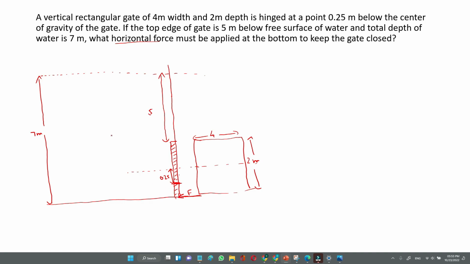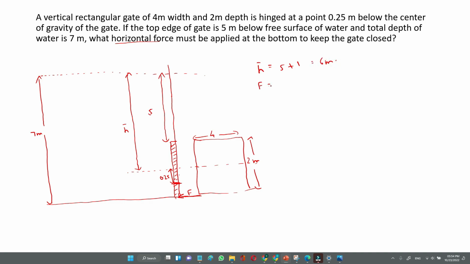So first we will find the centroid h bar, that is the distance of the centroid of the gate from the free surface, that is equal to 5 plus 1. This is the distance of the centroid, that is the center of the gate, from the free surface, that is equal to 6 meter.